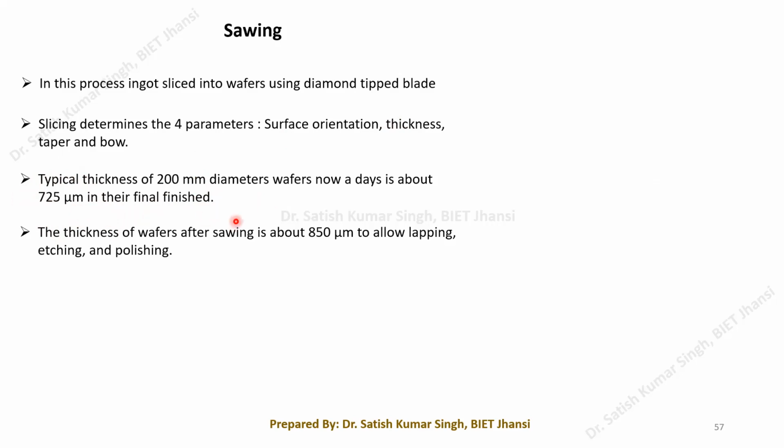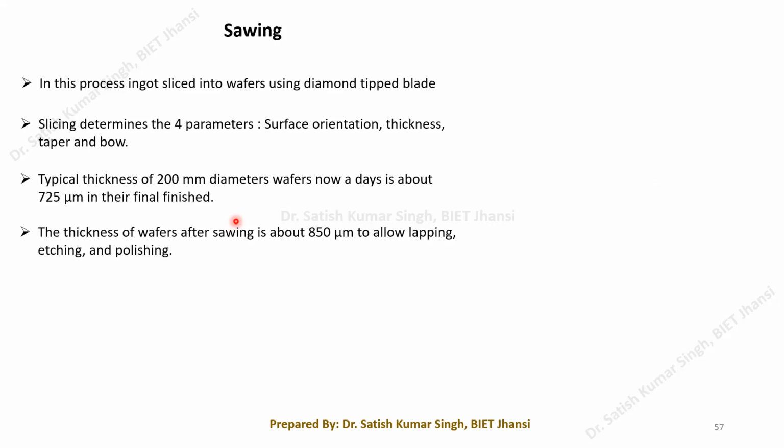As I have already explained in the first slide, we need to perform a lot of operations. We have already discussed the shaping process, then the sawing process, and then we have to do further processing. During that processing we keep on losing material, so when we lose material the thickness will automatically become smaller.